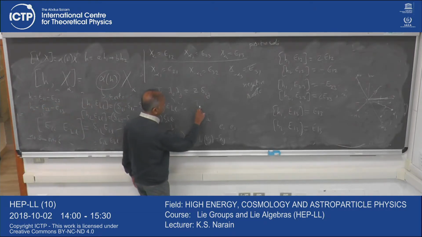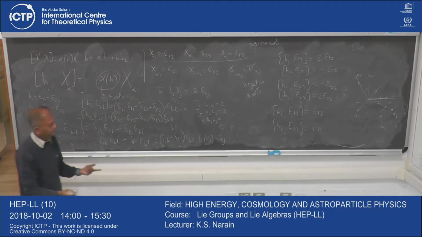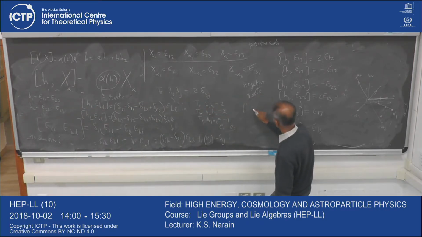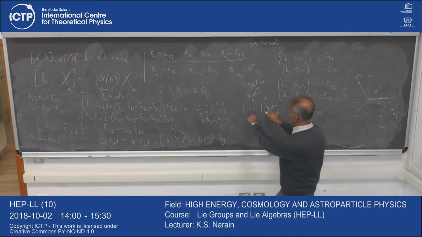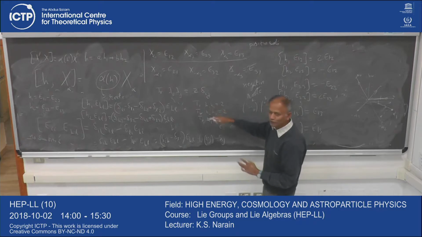The trace of H1 with H1 is 2. The trace of H2 with H2 is also 2. But the trace of H1 with H2 is not equal to 0. It's minus 1, right? Because H1 was 1, minus 1, 0, and H2 is 0, 1, minus 1. So when I take the product, I will get a minus 1 and take the trace. So they are not, in some sense, orthogonal.